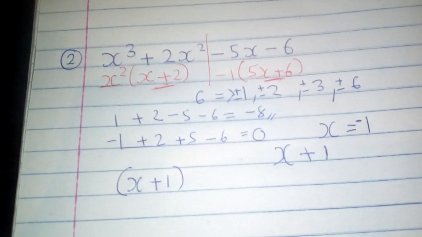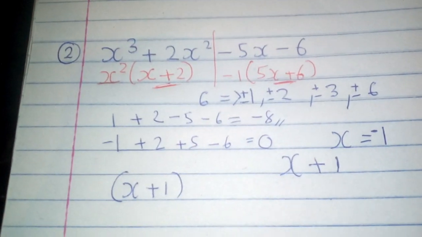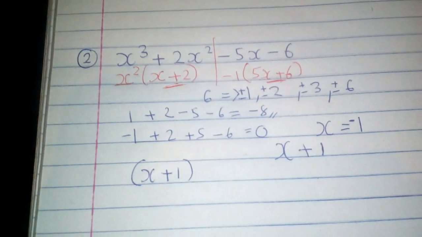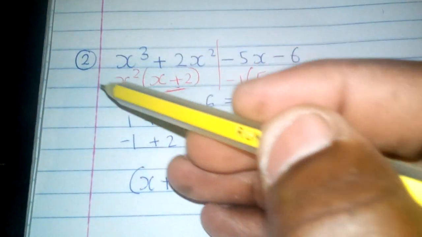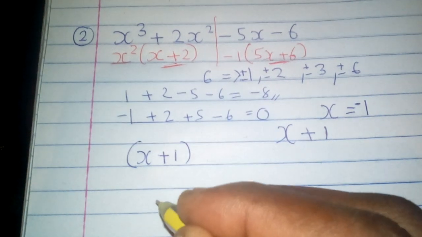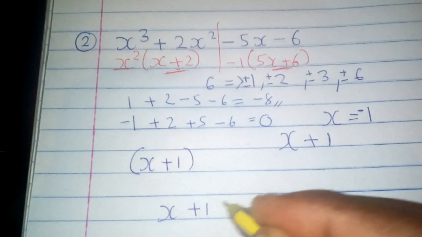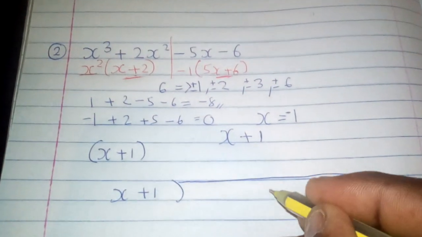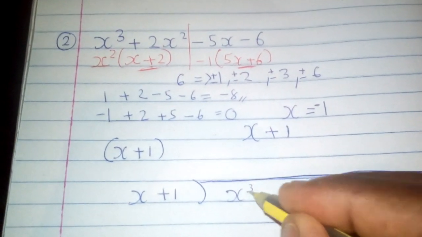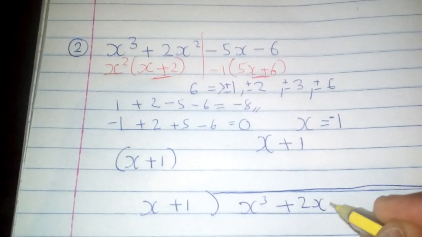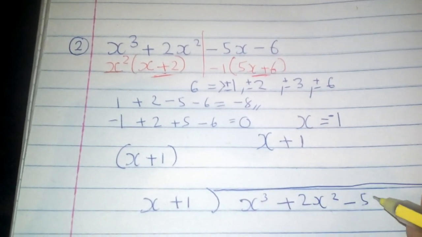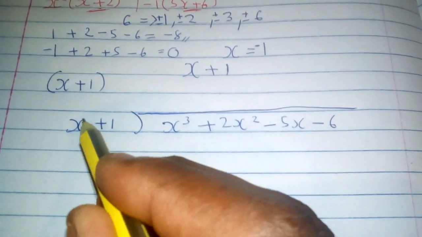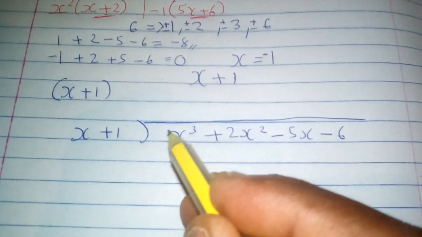So after getting my first factor, then I have to look for the other factors. So what I'll do is I will get this factor and remove it from my cubic expression by dividing it from everywhere. So I'll take x plus 1, I divide it into all my cubic statement, that is x cubed plus 2x squared minus 5x minus 6. Now here I have x, I need x cubed.